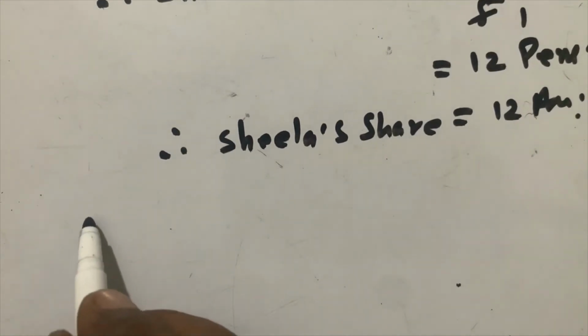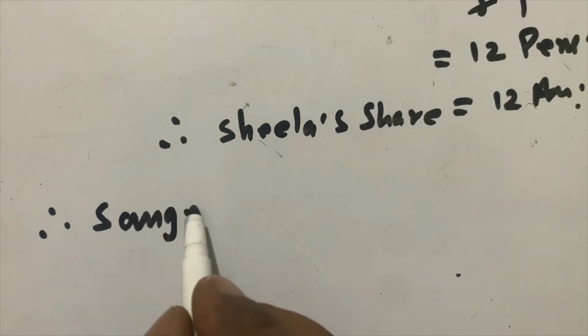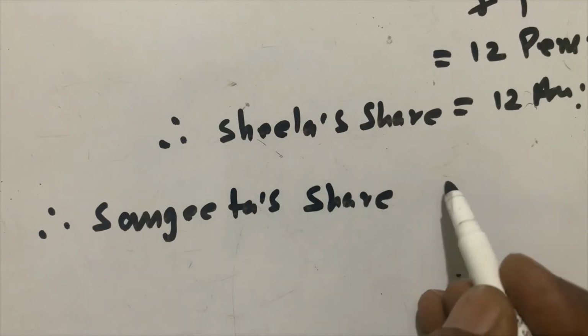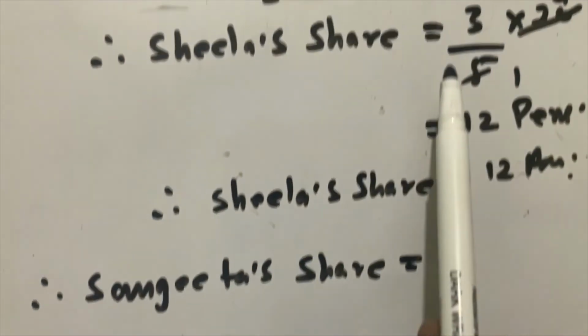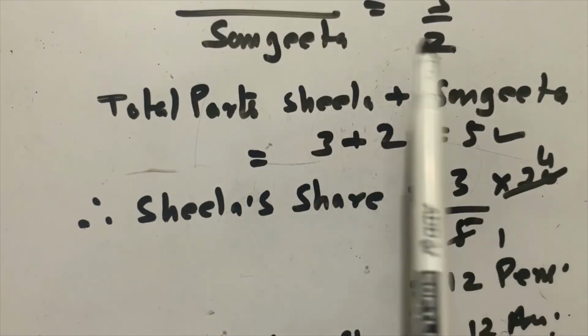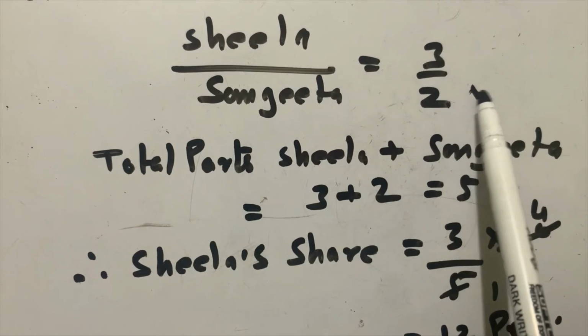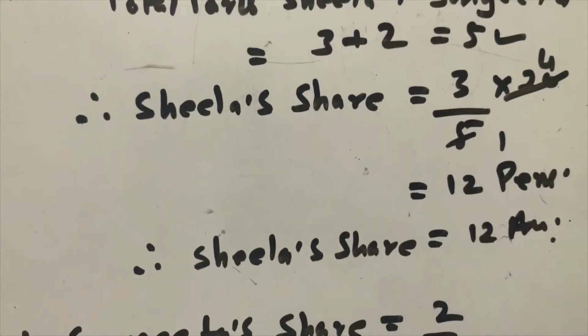And now Sangeeta's share of pence is equal to, Sangeeta's ratio is given 2. Sheila and Sangeeta's ratio is 3:2. Sangeeta's share is 2 upon total parts 5.